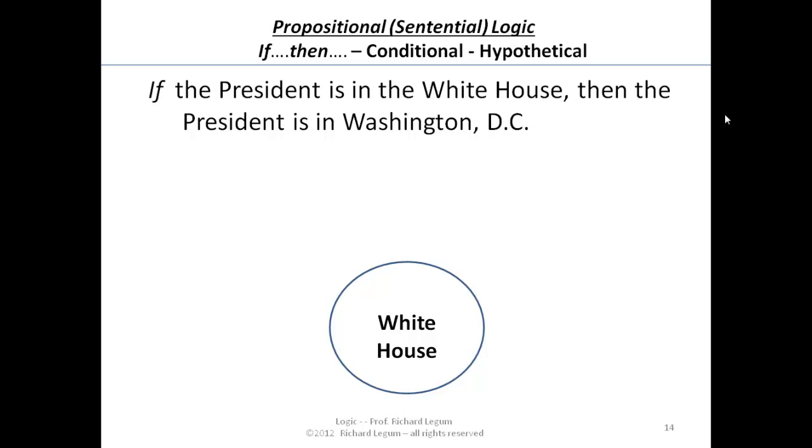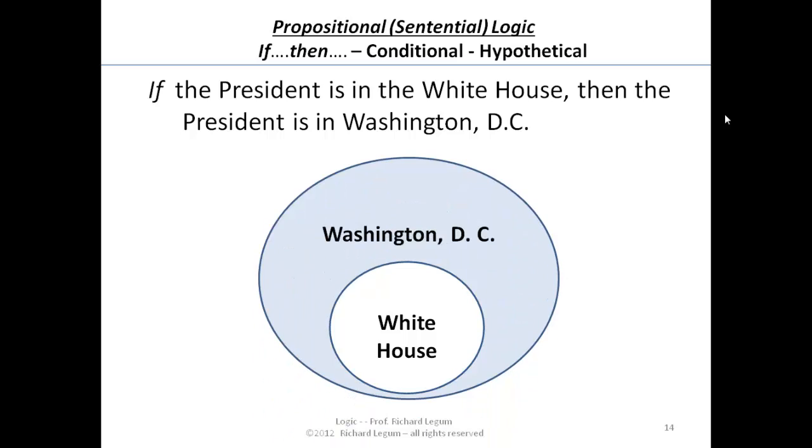Those are in that circle, all cases when the president's in the White House. If he's in the White House, he's got to be in Washington, D.C. Because anybody who's in the White House has to be in Washington, D.C. So if it's a case where the president is in the White House, he is in this circle, he's certainly in the Washington, D.C. circle.